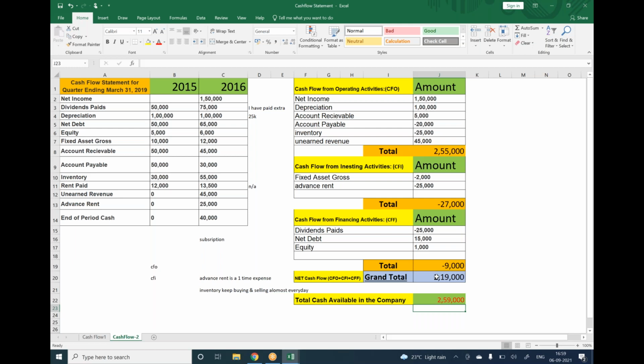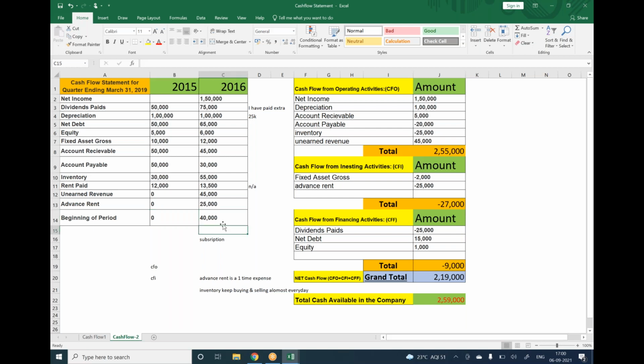Sir, it is end of period cash, so we should subtract it. No. End of period cash, not subtracted. That's a mistake, I think. That's correct only. See what happened. Okay, it should have been actually beginning of period. That's a mistake, I think.